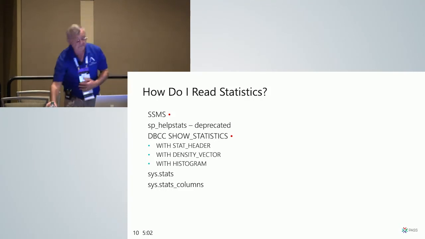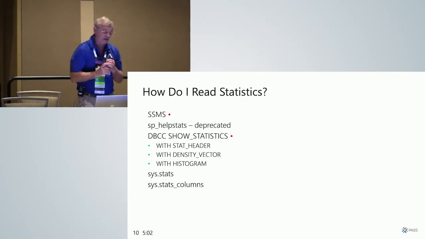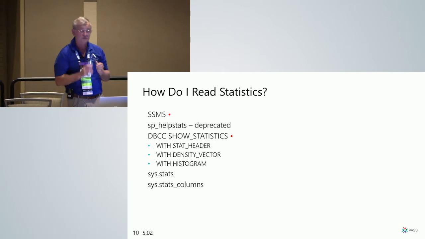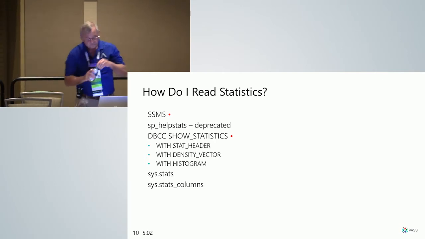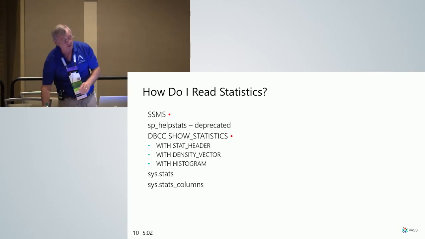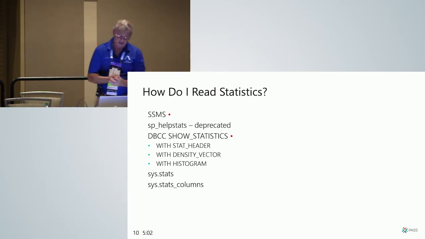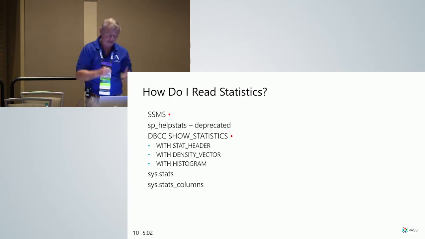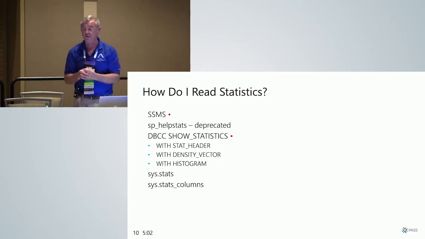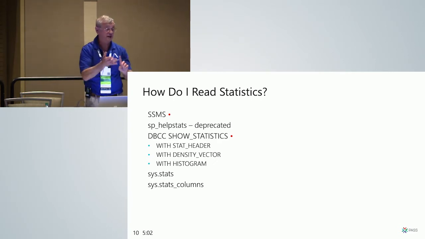There are two system views, sys.stats and sys.stats_columns. As you might guess, there is one row in stats per statistic and one row in stats_columns per column within that statistic, because, again, we can have more than one column in a statistic for indexes or the ones that you manually create.